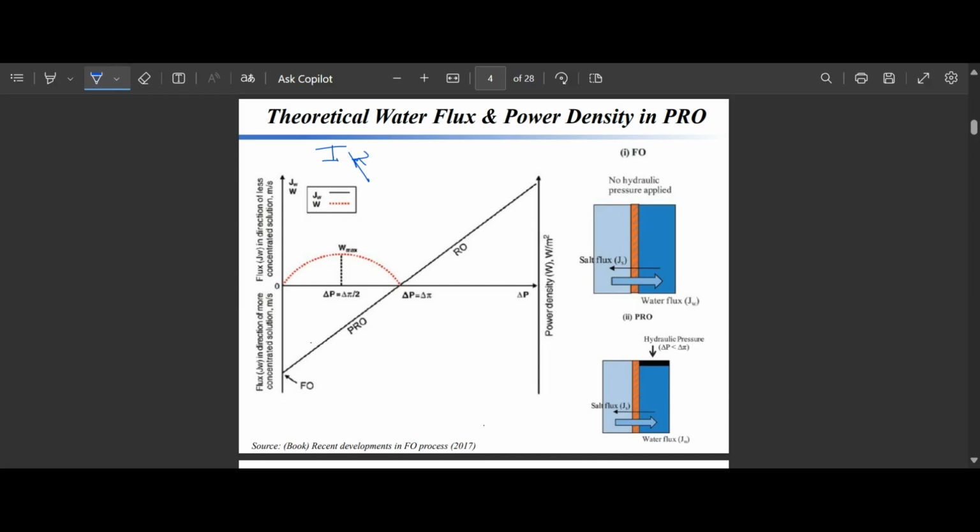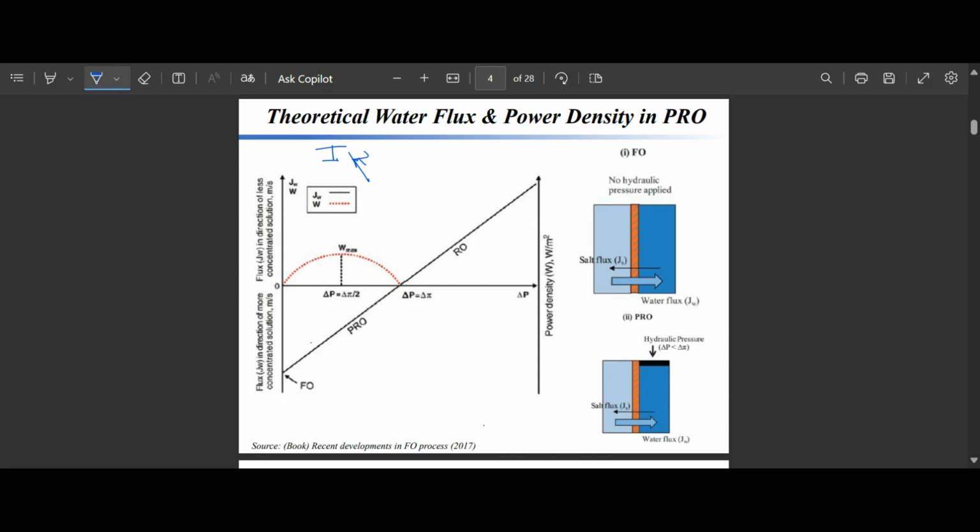When you increase the pressure up to the osmotic pressure, how about the water flux? Is water flux increased or decreased? Decreased. Why does it decrease? The gradient, minus the delta P. We give more delta P, it gives more power.